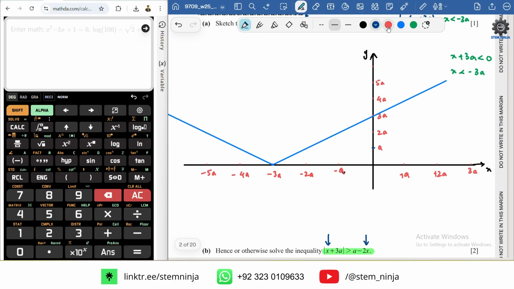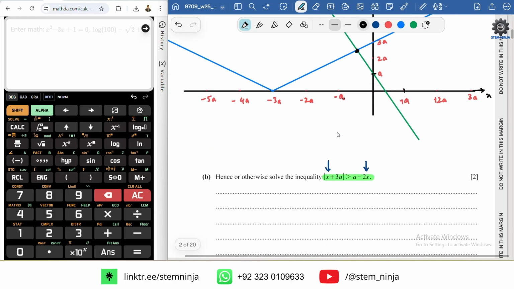So it will be somewhat like this. 2x would mean at half of a, it's going a. So rise over run, doubled. What we see over here is that there's only one point of intersection.